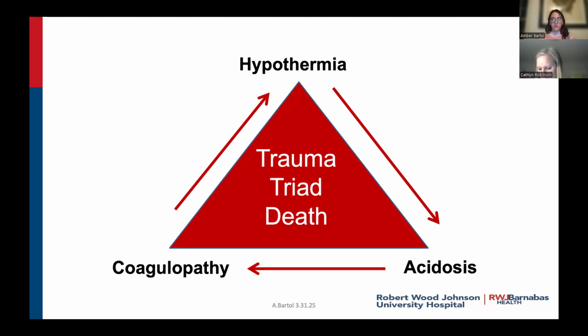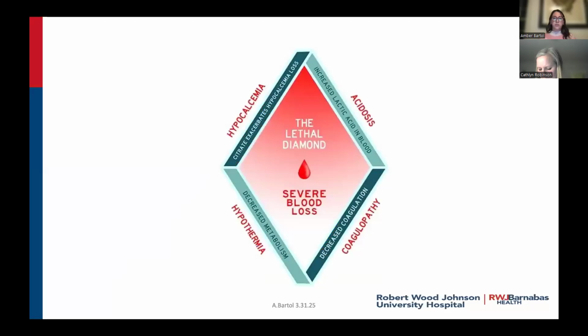to give the best outcome for our patients. Recently, there's been a lot of research and movement towards the trauma diamond of death, or the lethal diamond of death. And this is adding hypocalcemia into this negative cycle.